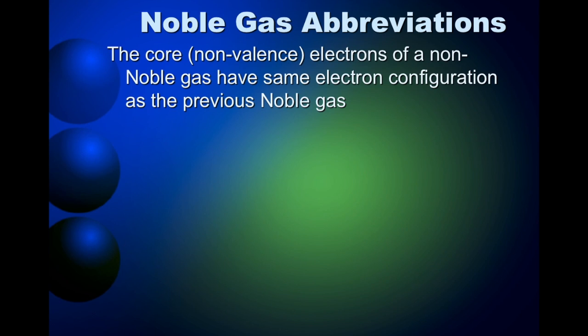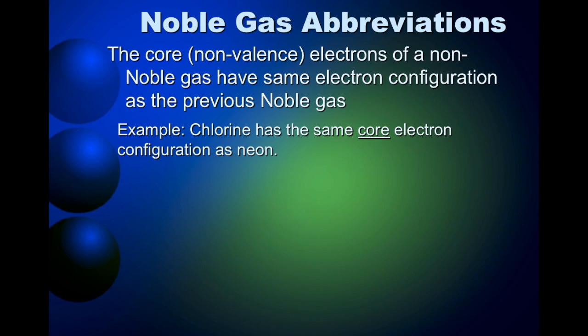The core or non-valence electrons of a non-noble gas have the same electron configuration as a previous noble gas. For example, chlorine has the same core electron configuration as neon. If you look at neon and chlorine on your periodic table, you'll see that neon is in the row before chlorine.